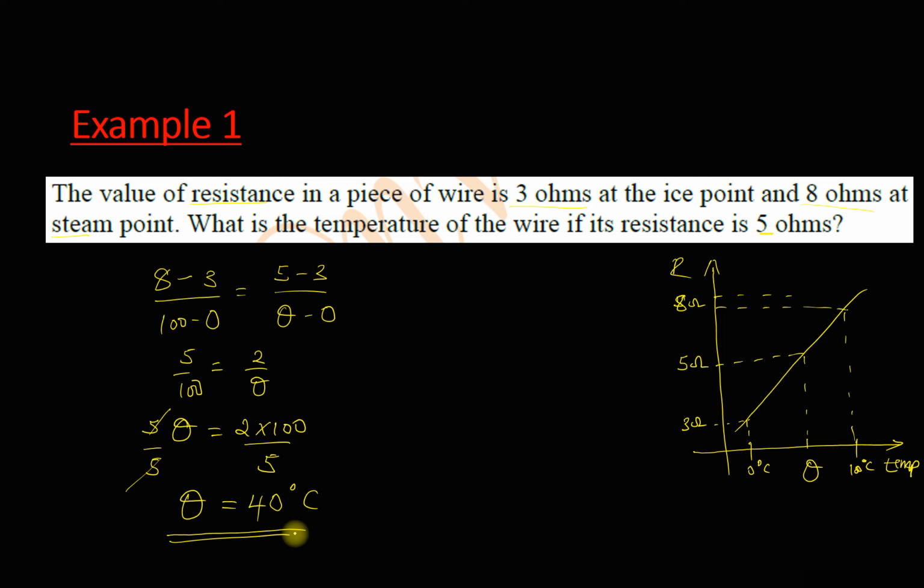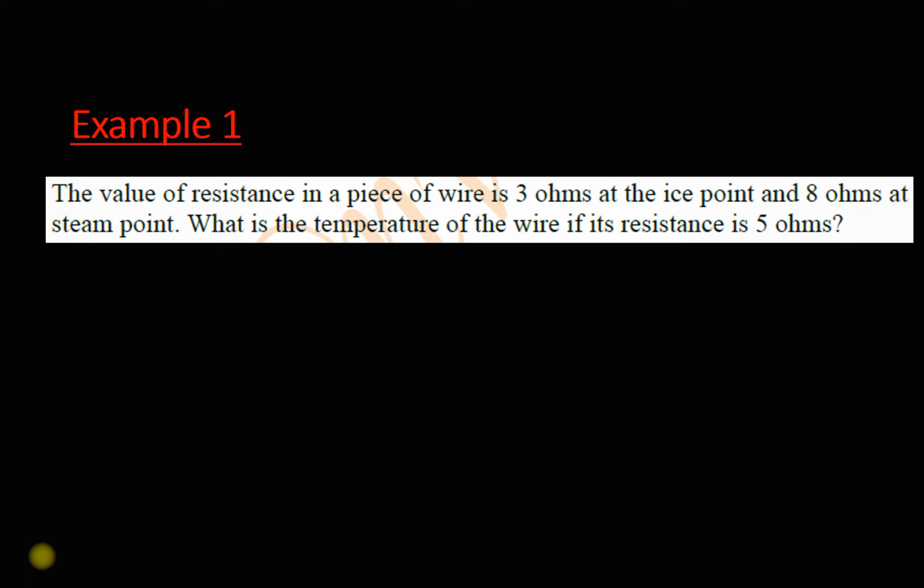So you don't need to cram the formula that we derived. You just assume that the variation is linear, and therefore if the variation is linear, it implies that the calibration graph will be a straight line, which would give you such an answer without even remembering the expression or the formula. Okay, example number 2.